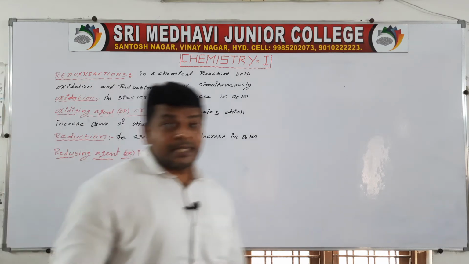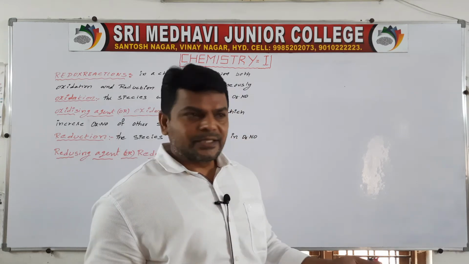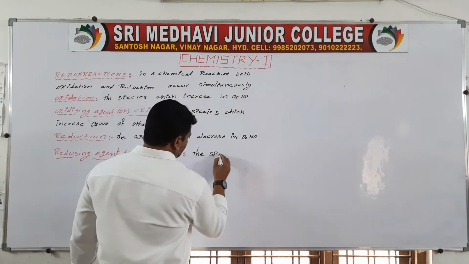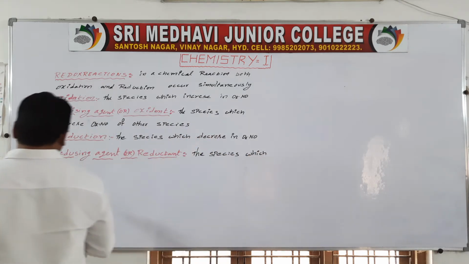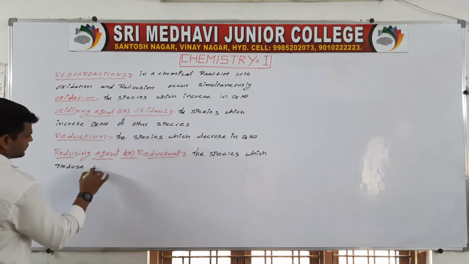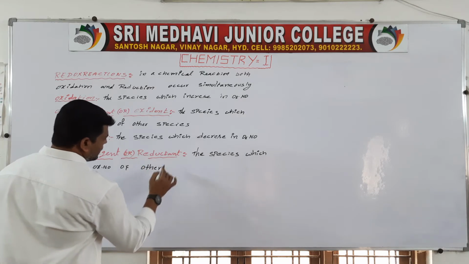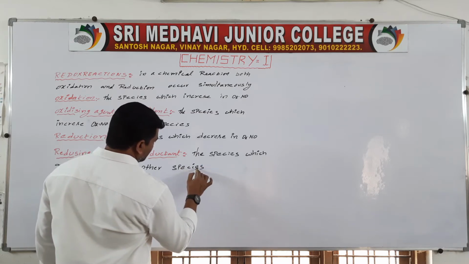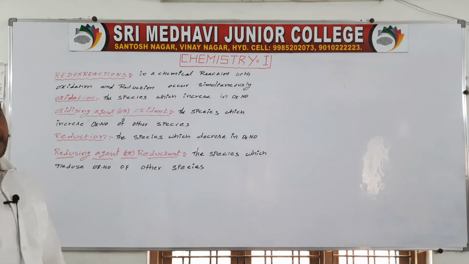The species which reduces the oxidation number of other species is called the reducing agent.